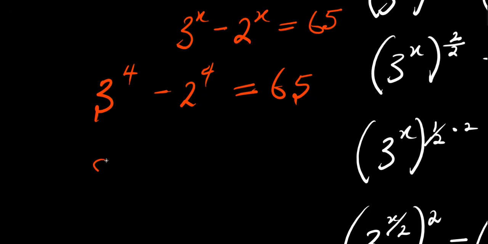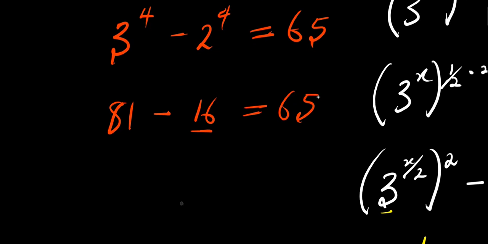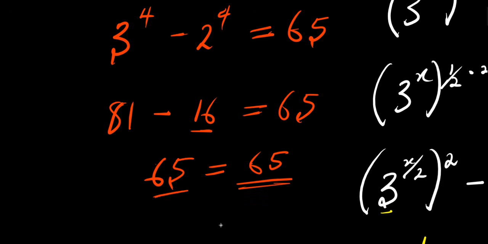That is 81. 2 power 4 is what? 16. If you subtract 16 from 81, you have 65, because 10 from 81 will give you 71. 71 minus 6 will give you 65. And this equals 65. Our solution is correct.